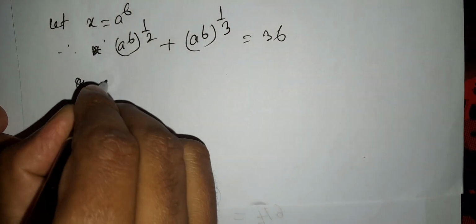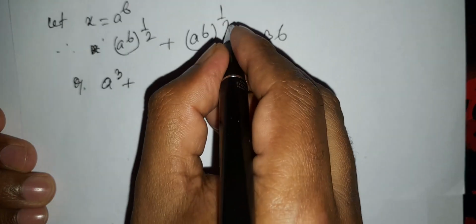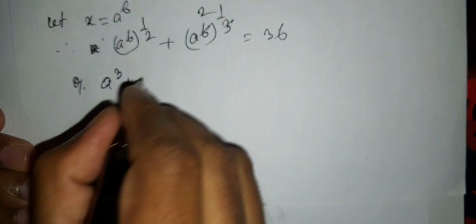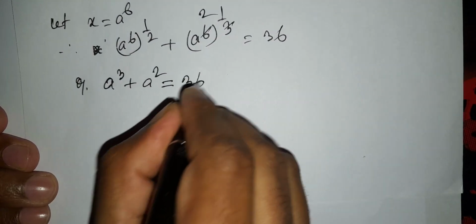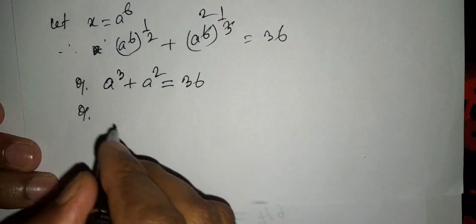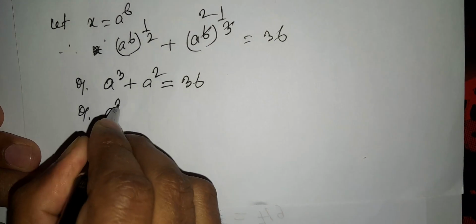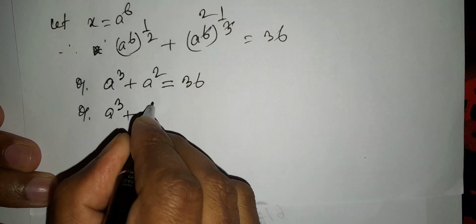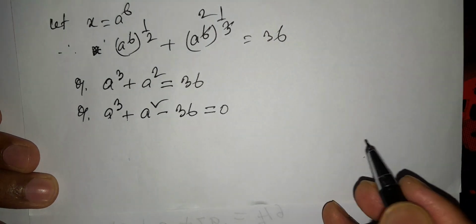Okay, or a cube plus a square equal to 36. So we transfer 36 to the left side. We can write a cube plus a square minus 36.